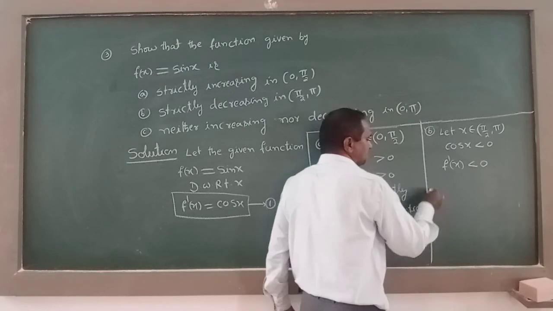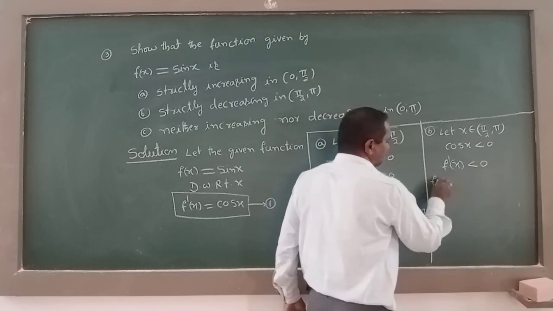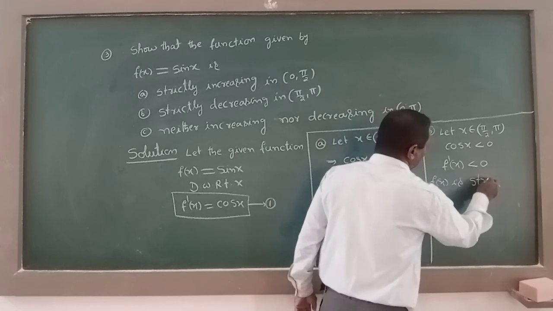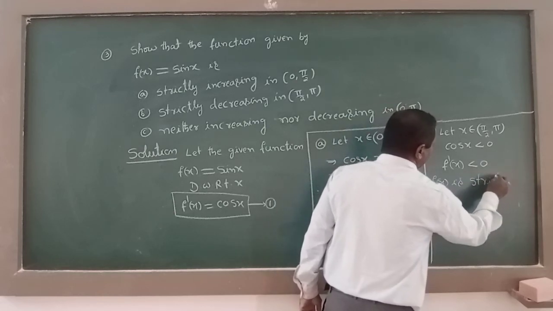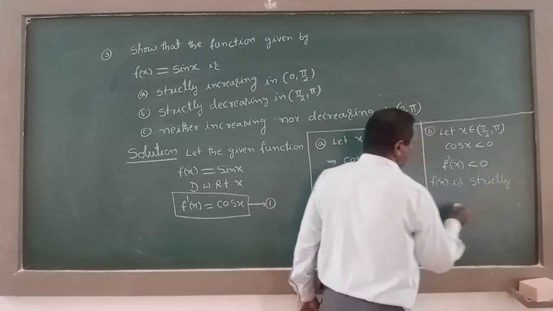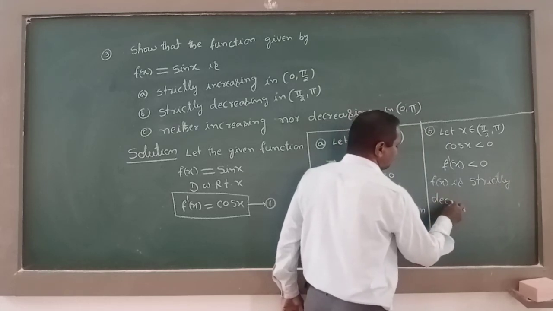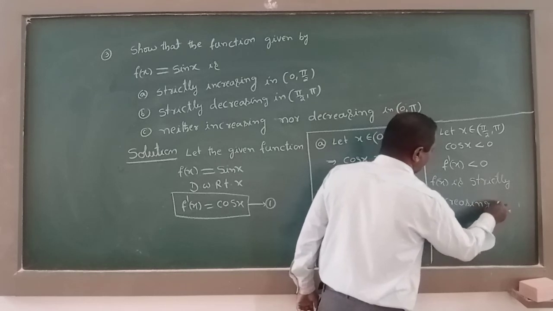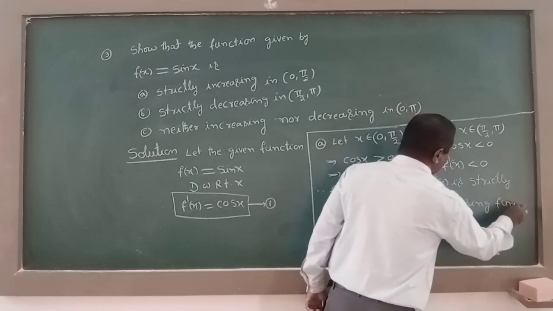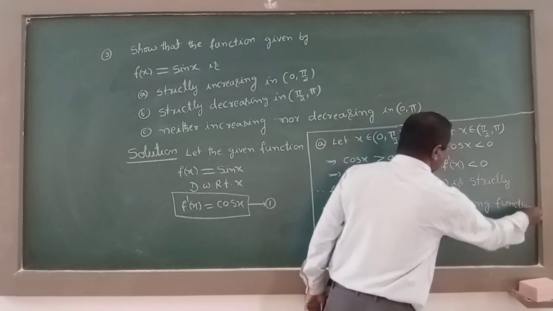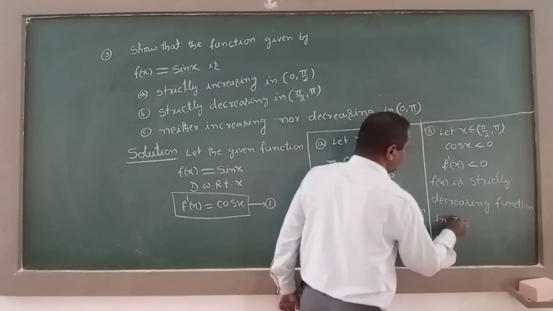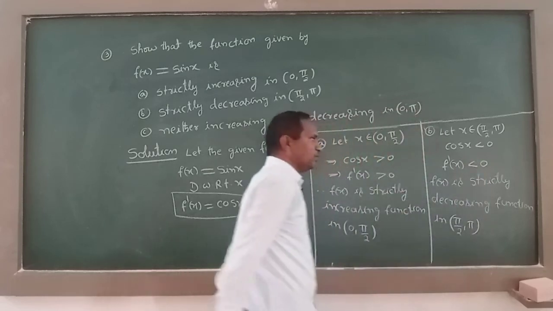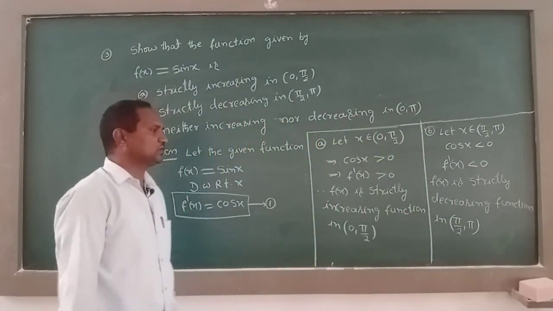And f dash of x less than 0 means f of x is a strictly decreasing function in the interval pi by 2 comma pi. Like that we have given the answer for the second question.